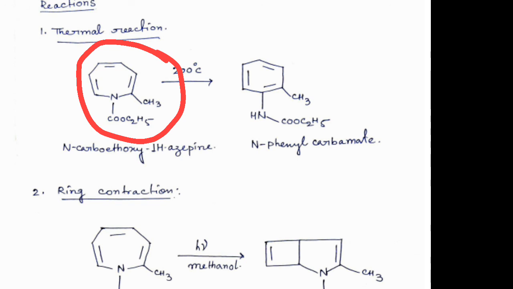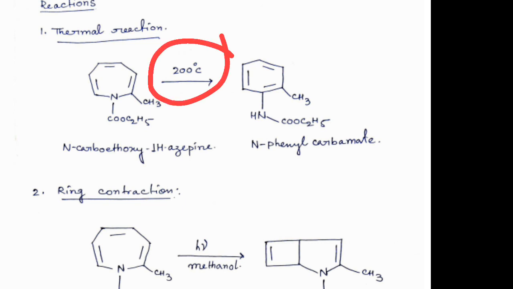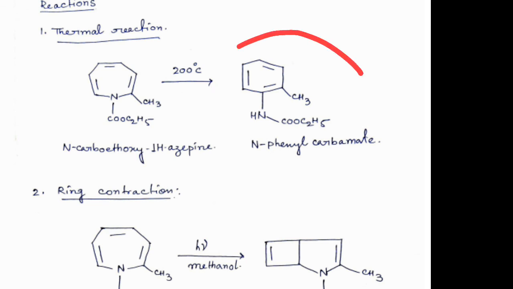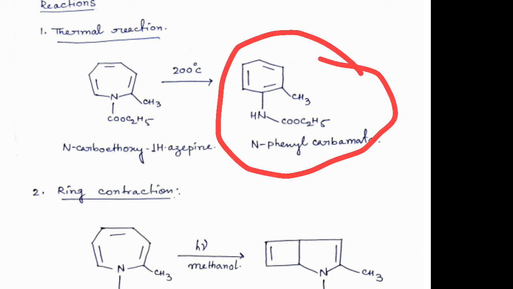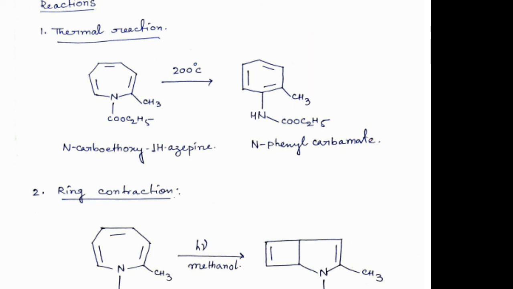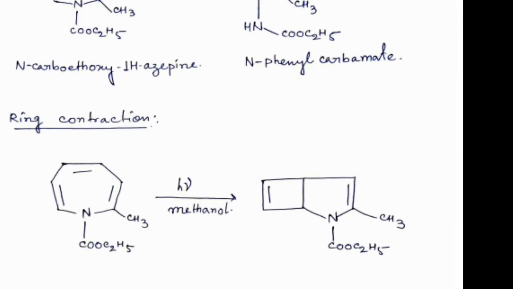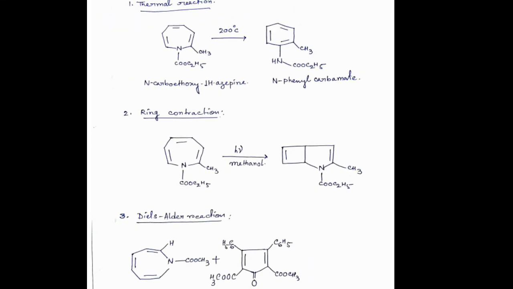Whenever this carboethoxy azepine is heated up to 200 degrees Celsius, it is converted into N-phenyl carbamate. Now the 7-membered ring is converted into a 6-membered ring. You can see the methyl group is as it is, but the 7-membered ring is converted into a 6-membered simple phenyl ring.